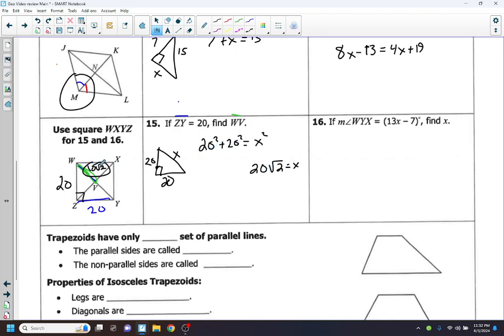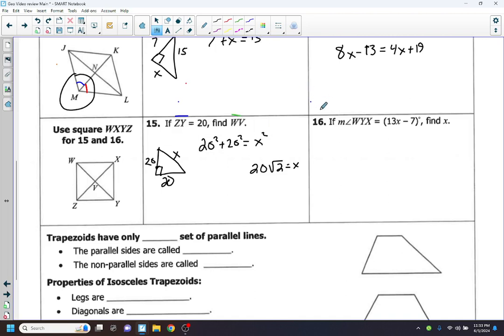If you type 10 root 2 into your calculator, check if the decimals match. If the decimals match, then you got it right. But the reason to do 10 root 2 is because this is the 45, 45, 90 triangle. You're not forced to know that for this test, so don't worry about that.